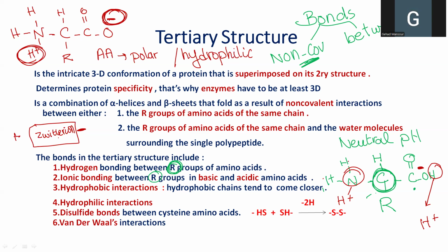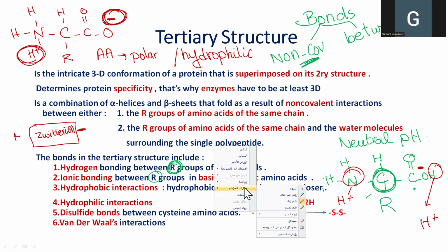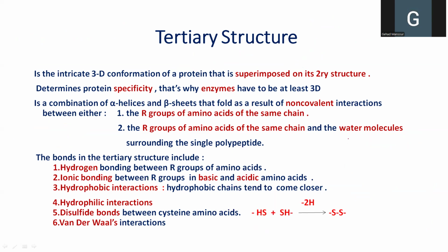This is very important to understand how amino acids can form bonds between them if they are free in the solution. But we have to discuss something else, which is basic and acidic amino acids. Usually we have a central carbon atom, we have an R group, we have an H atom, and then we have one carboxylic group, and we have one amino group.